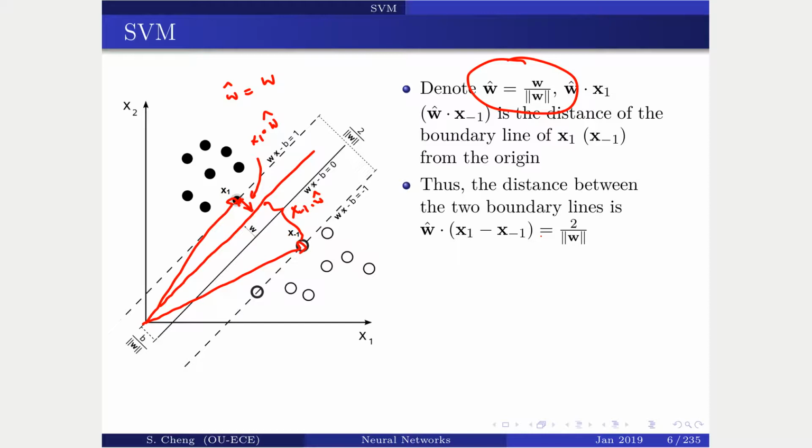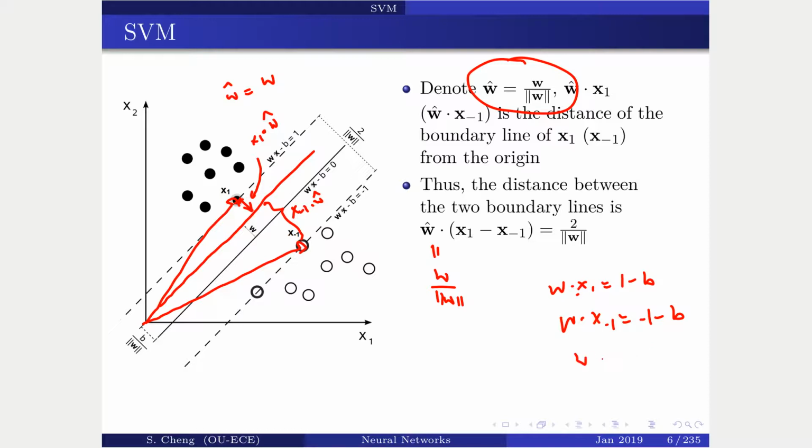But w hat is equal to w over the norm of w, and w·x1 is on this plane, right? So w·x1 is equal to 1 + b, and this other one, w·x−1, is equal to −1 + b. Therefore the difference between these two will be just equal to 2.